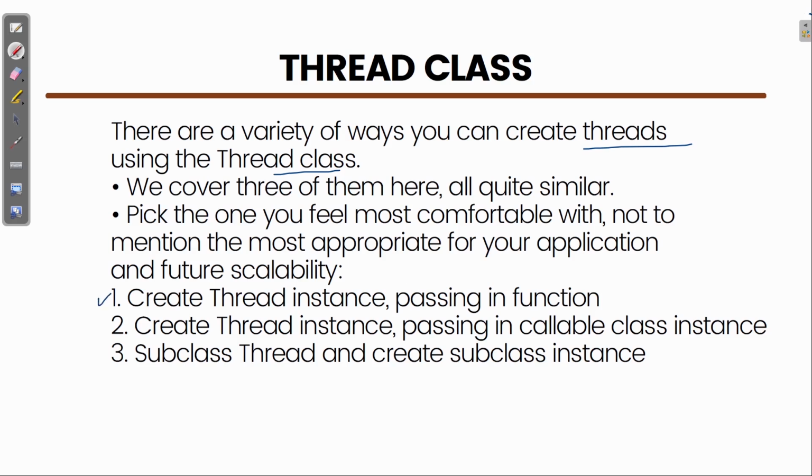First is create a thread instance passing in a function. Suppose I have created a function, and what I'm doing is directly creating the instance of the thread class. For that, I need to first import the threading module, and from that threading module import the thread class, and then create the instance of thread and pass the function that I need to create the thread for.